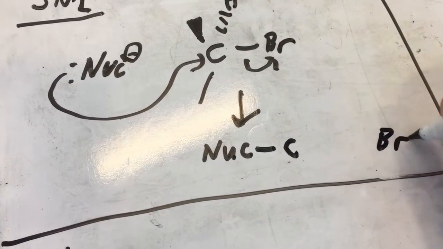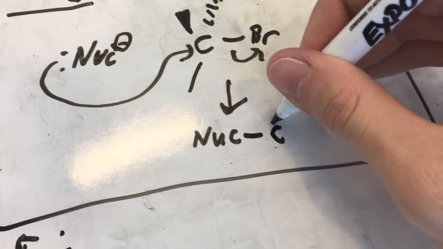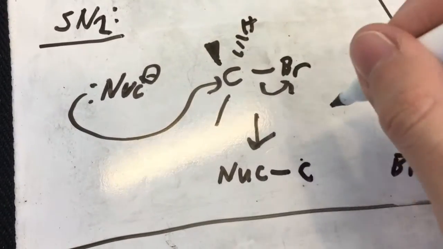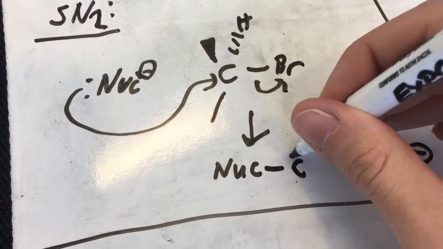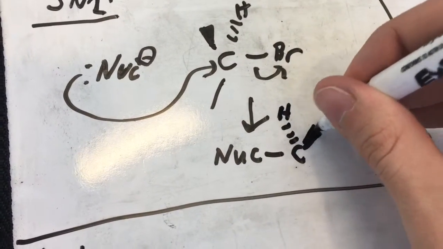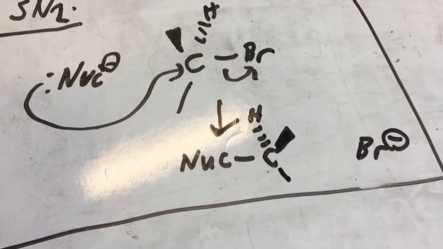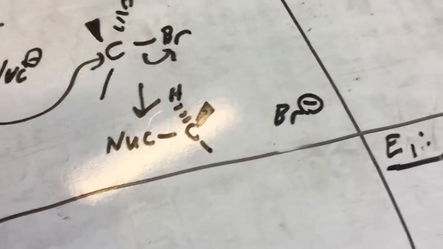And we have Br minus apart from it. What happens here is that we have an inversion of stereochemistry, so everything kind of just shifts a little.